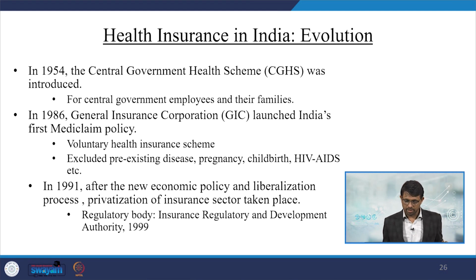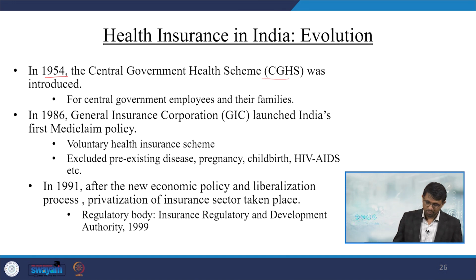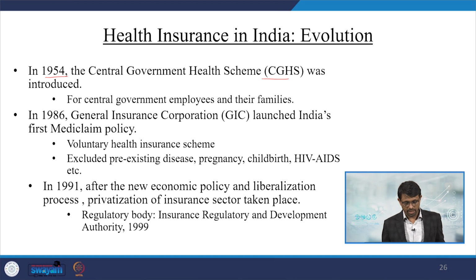Health insurance and its evolution starts from 1954 with the CGHS, the Central Government Health Scheme, which was for central government employees and their families. Among the important timeline points, in 1986 the insurance was mostly with the GIC, General Insurance Corporation, which launched India's first Mediclaim policy.